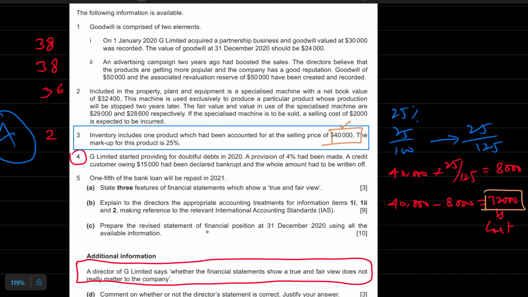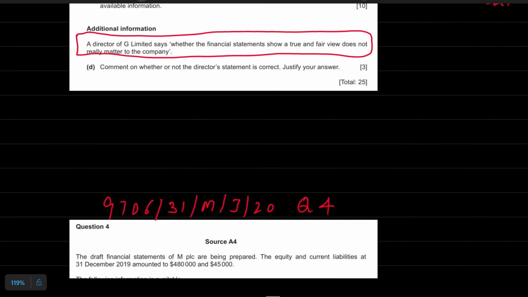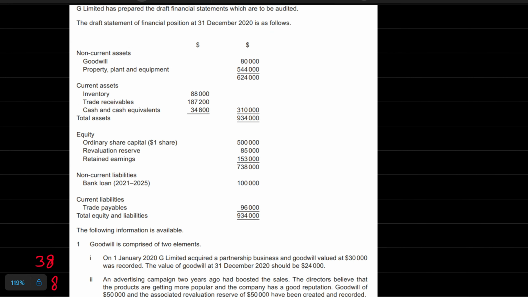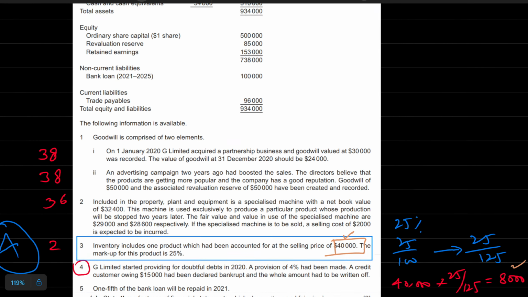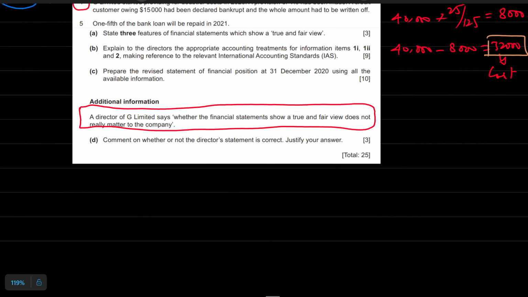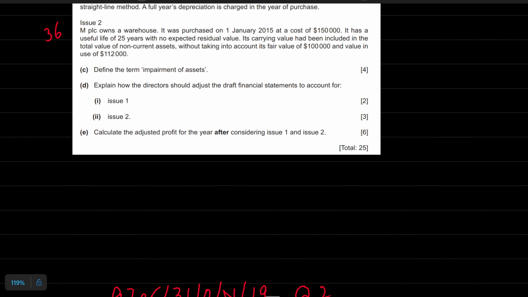And if we are supposed to prepare a corrected profit statement, 8,000 will be subtracted from profit. This question was from May-June 21, P32. Now let us move to question number 5.